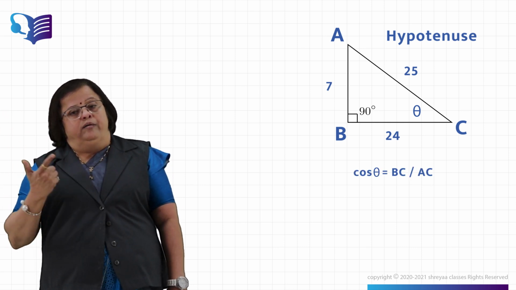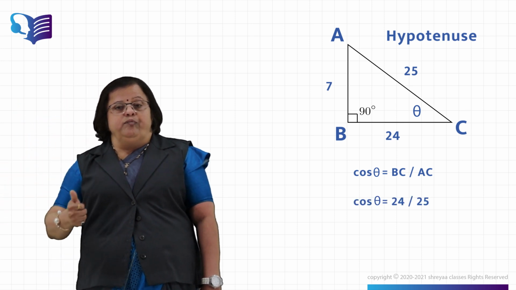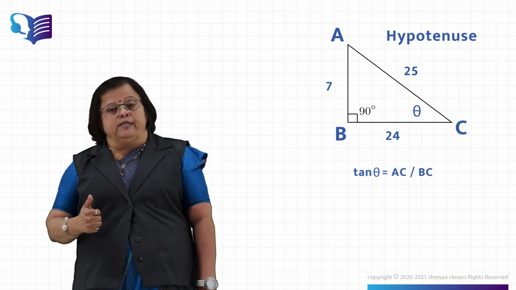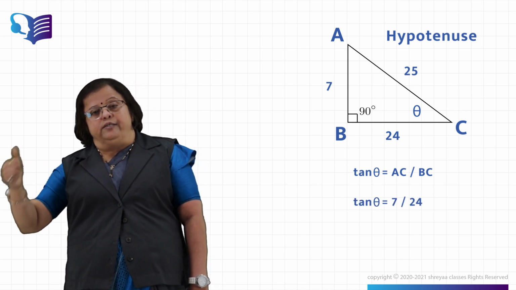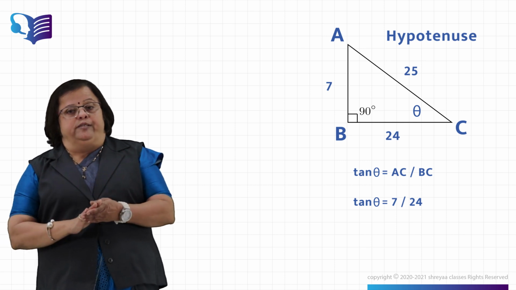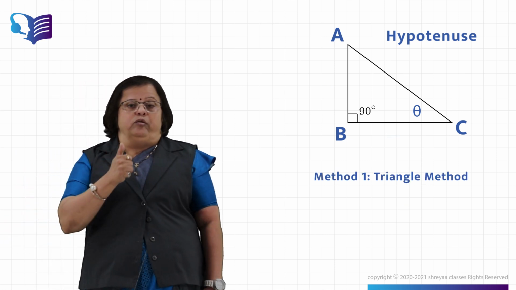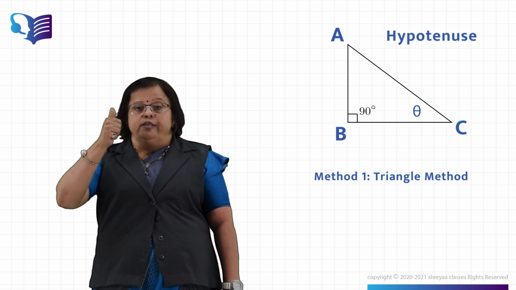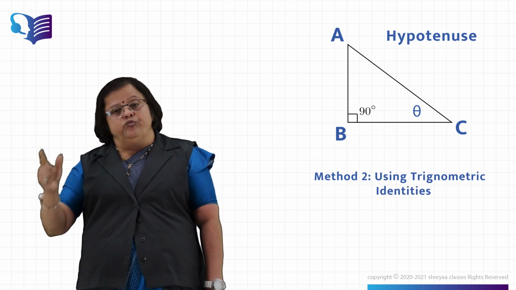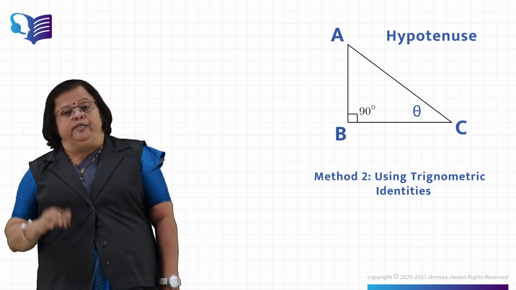Tell me. Very good. 24 upon 25. Correct. How you will write tan theta? You will write tan theta 7 upon 24. Got it? Yes. This is one method to solve the sums. That is called as a triangle method. The second method is what? Using trigonometric identities.